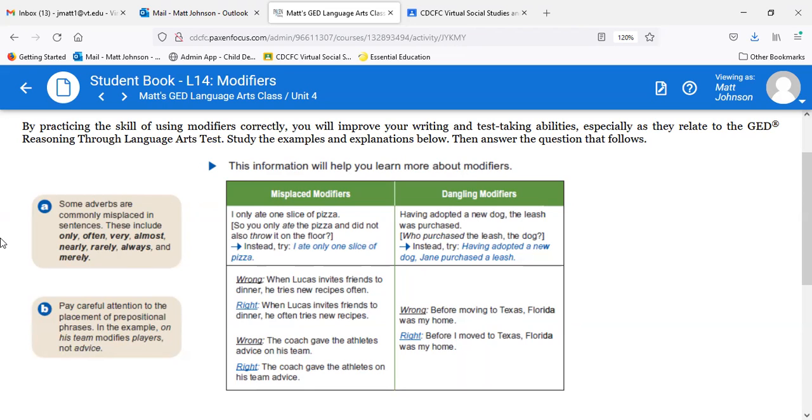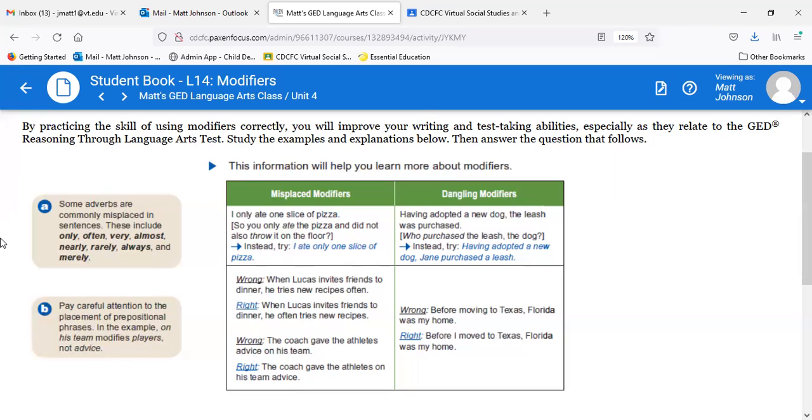So here we need to move, I'm sorry, on. The preposition on there was located in the wrong spot. So he's giving advice to his team rather than about his team, which is what the incorrect version is saying.